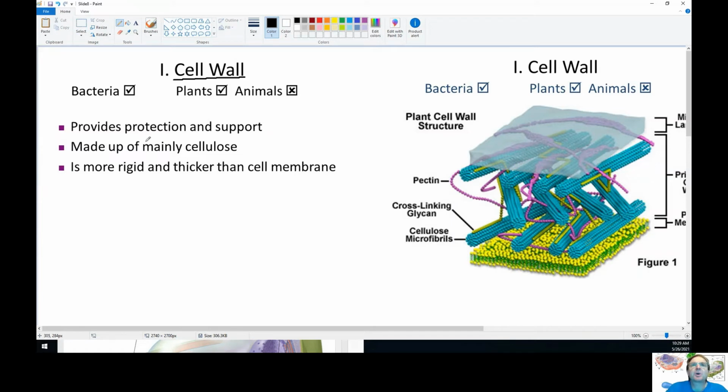So protection and support, mainly made up of cellulose. It's more rigid and thicker than a cell membrane, so very rigid. The key thing about cellulose is fiber. Oh, okay. This process right here, which is going to look very familiar to you.